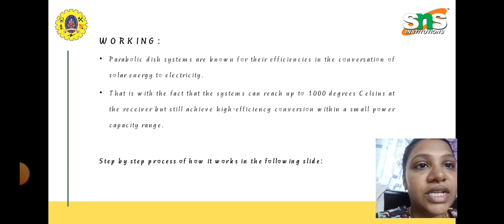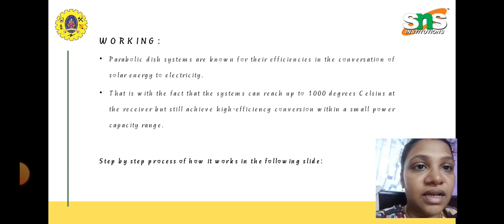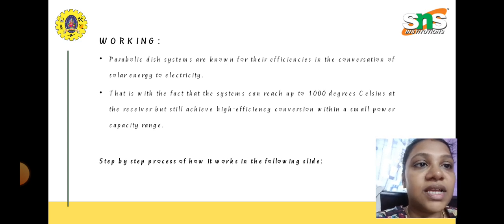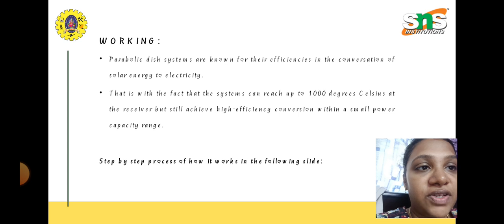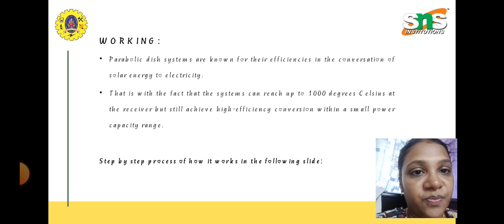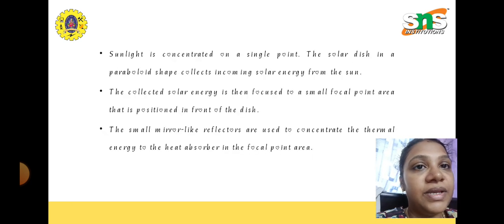The parabolic dish system is known for its efficiency in converting solar energy to electricity. The systems can reach nearly 1000 degrees Celsius at the receiver, but still achieve high efficiency conversion within a small power capacity range. We'll see the step by step process of how it works in the next slide.